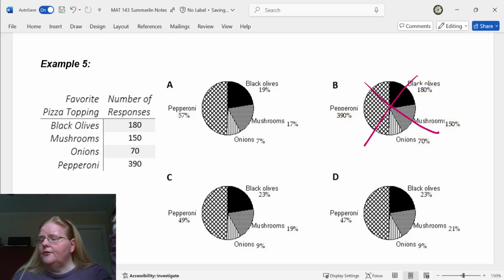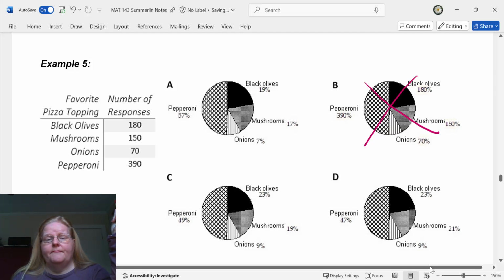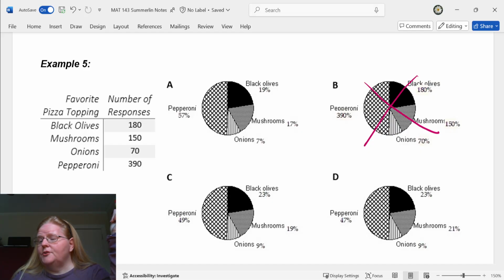This one down here, you can tell that it's not this one. Because the mushrooms are smaller than 21%. Black olives are smaller than 23%.